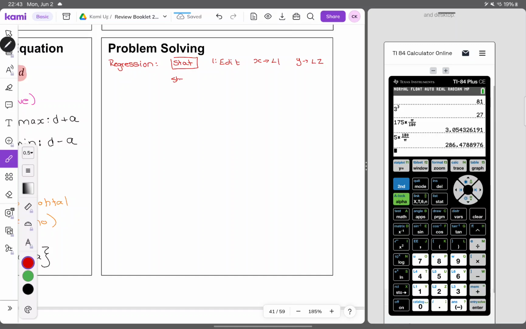Then we're going to go stat, and if we go over, we're going to find the sine. Like I said, we just deal with sine. So there it is, C.